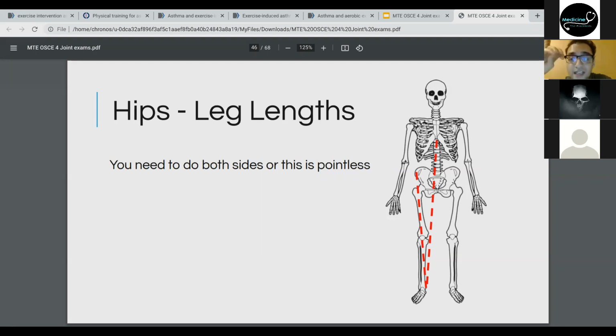You need to know if either side is shortened. A shortened apparent or true leg length can be a very classic sign of fractured neck of femur, so make sure you just get it done. Usually as well, as we said earlier, if there are props out, use them. They will have a little tape measure out for you to do that.